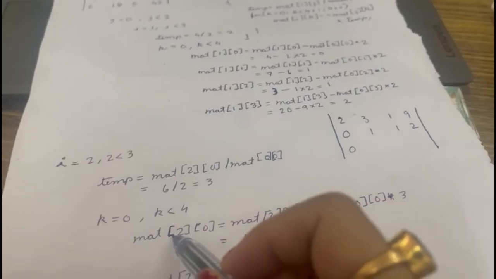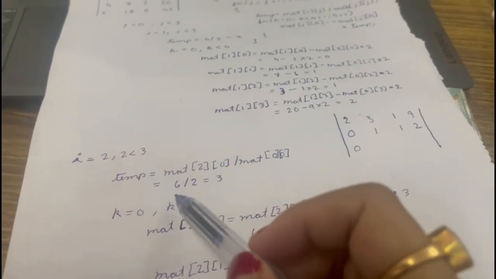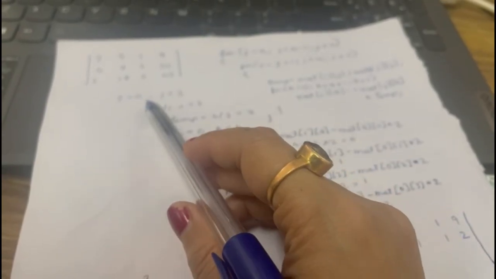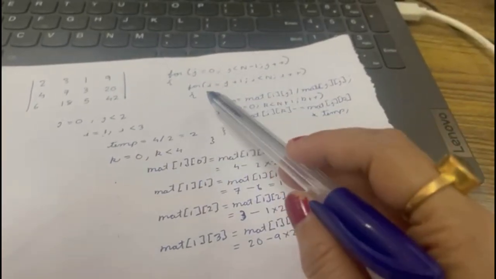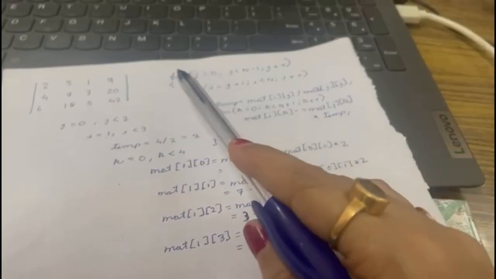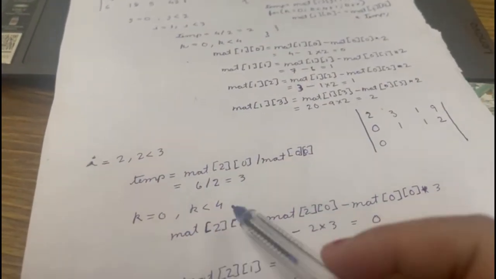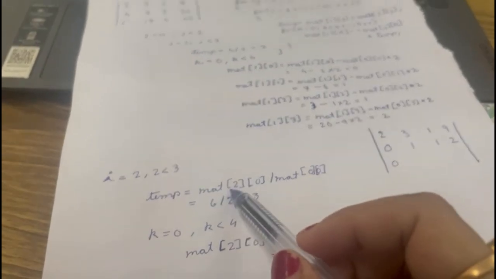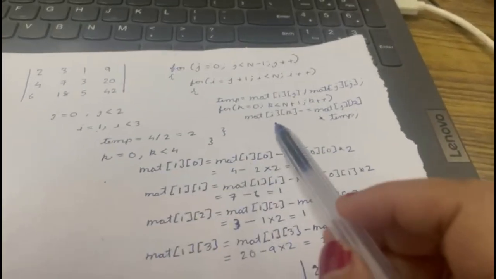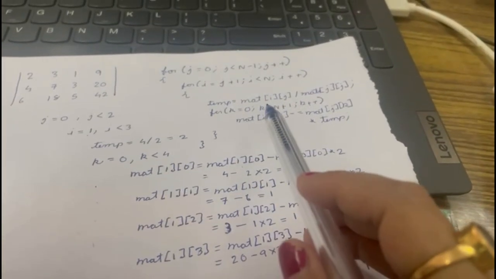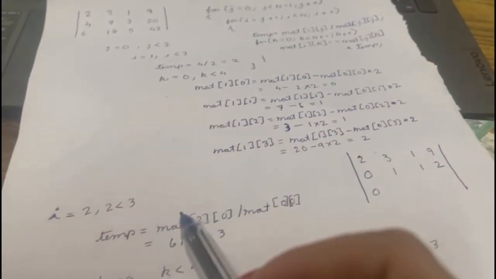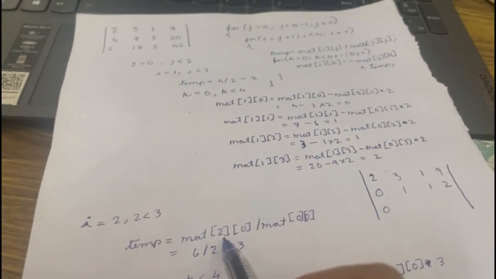So what is mat jj? J value is still 0. We are not incrementing J, right? We are still in the J equal to 0 loop only. Temp is equal to mat ij. What is the value of I? 2.